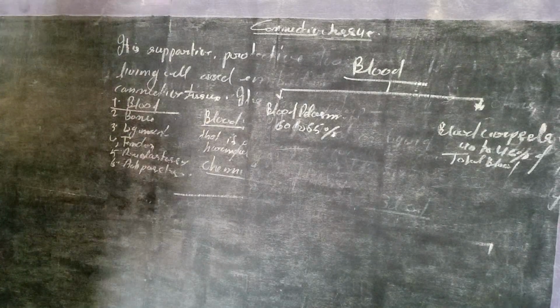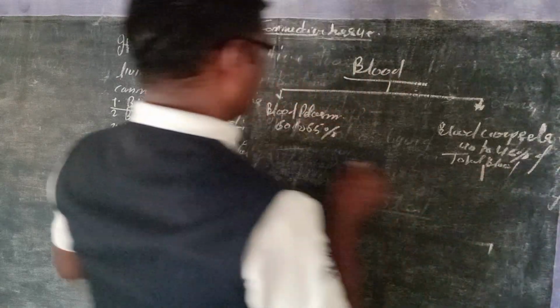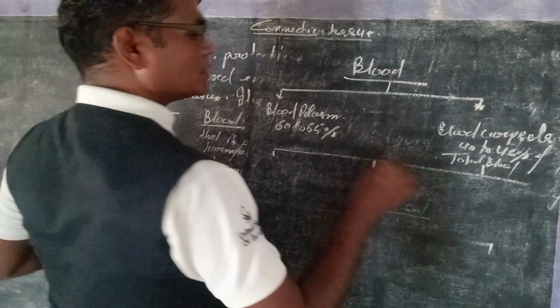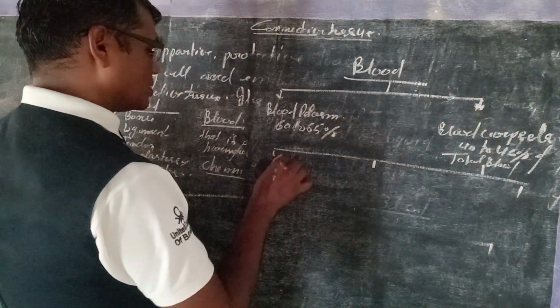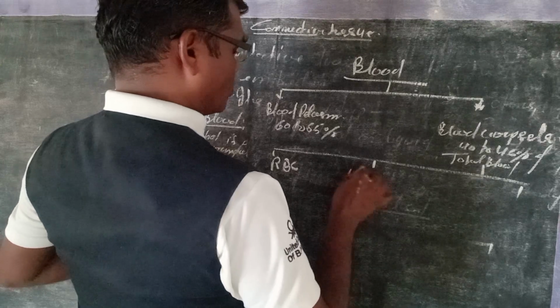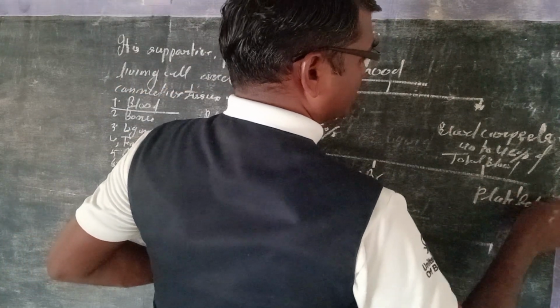Blood corpuscles are further divided into three parts: RBC, WBC, and platelets.